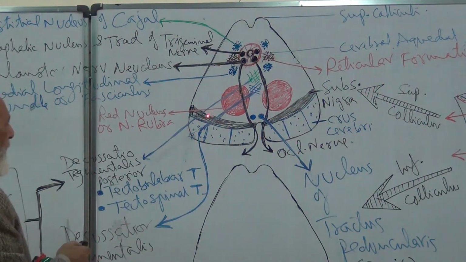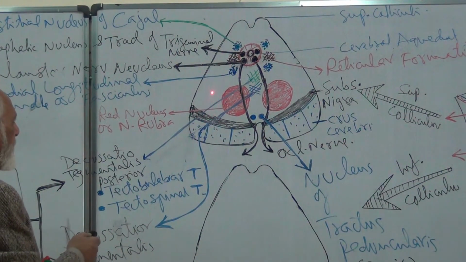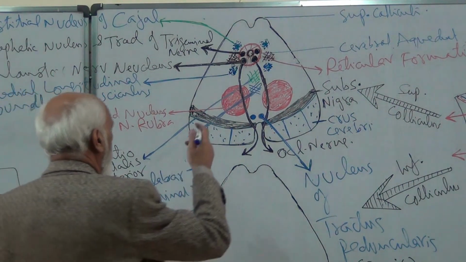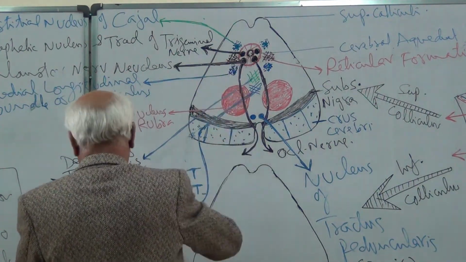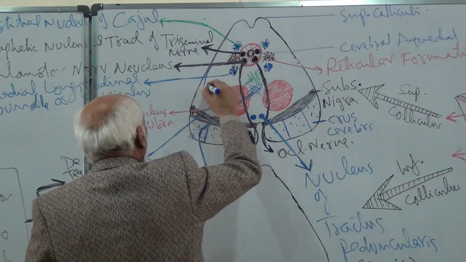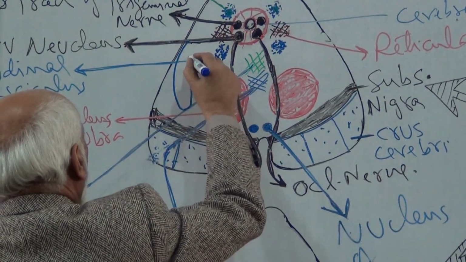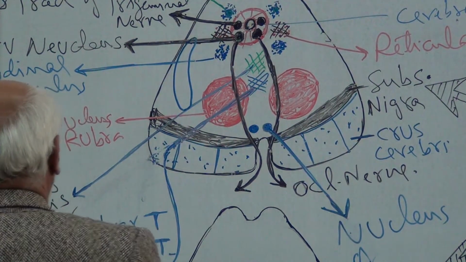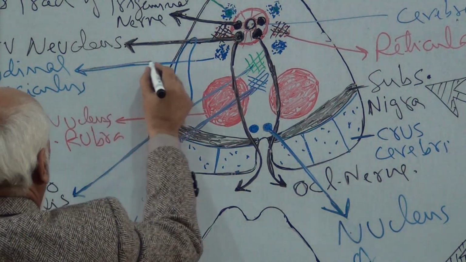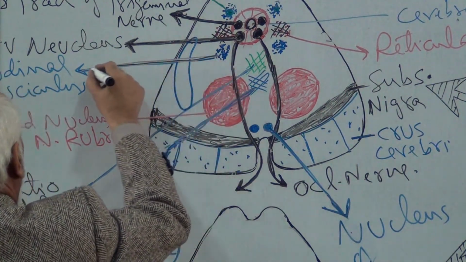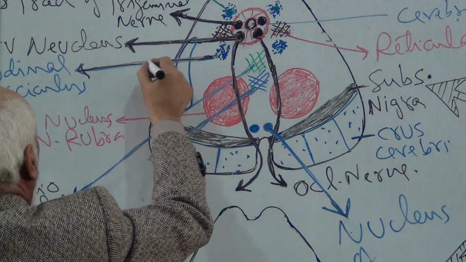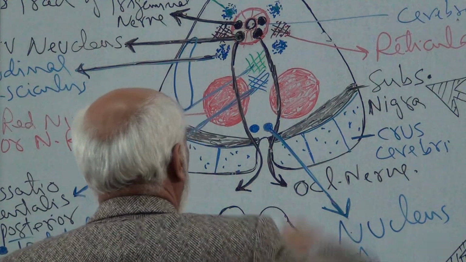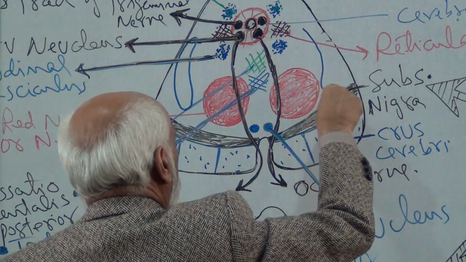Now here, behind the lateral part of the substantia nigra, there is a curved band of white matter on each side.